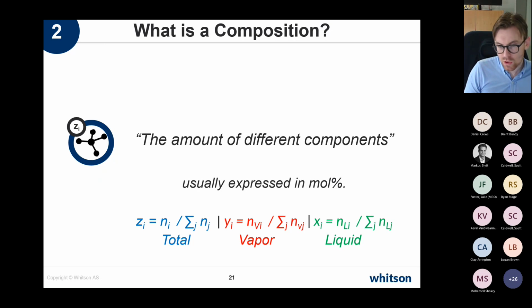For a vapor phase, we use the symbol yi, and for the liquid phase, we use the symbol xi. Here you'll also see the first time where we, with intention, are including colors for the different phases. That's done on purpose. Everywhere where you see green is surface hydrocarbon liquid.